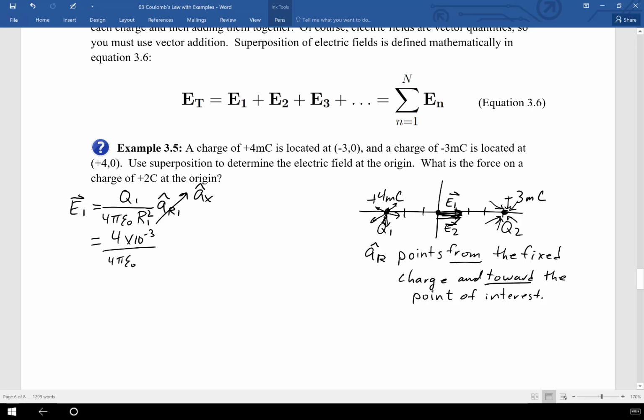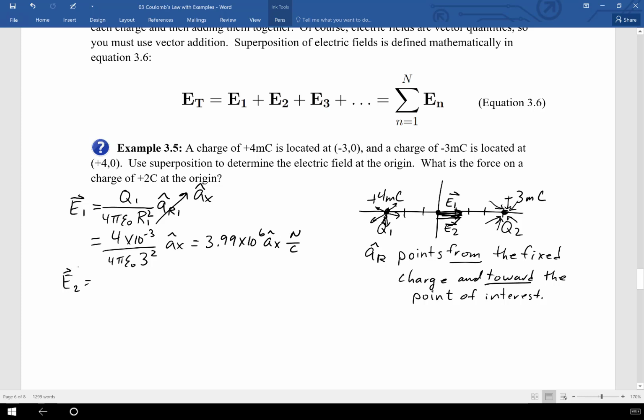What is the distance, R? R1 is going to be 1, 2, 3 units between Q1 and the origin. So this is going to be 3 meters squared times a sub x. And this then works out to be 3.99 times 10 to the 6th a sub x newtons per coulomb.